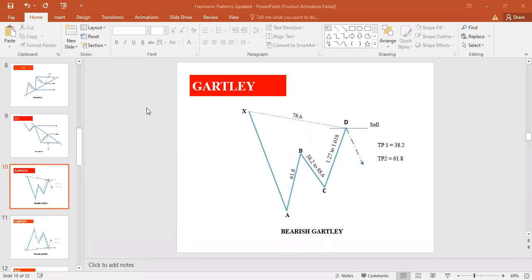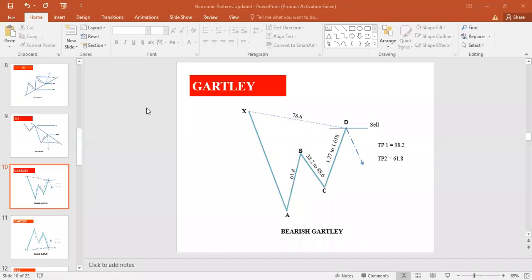These 2 legs, X and D, are the most important part of every harmonic system. You're starting and you're finishing. If you miss the X leg, everything else you are drawing is wrong.